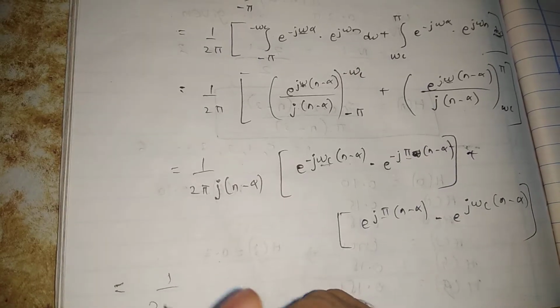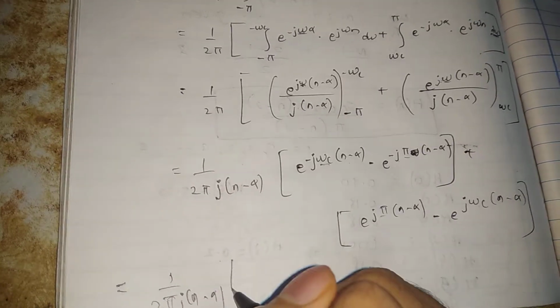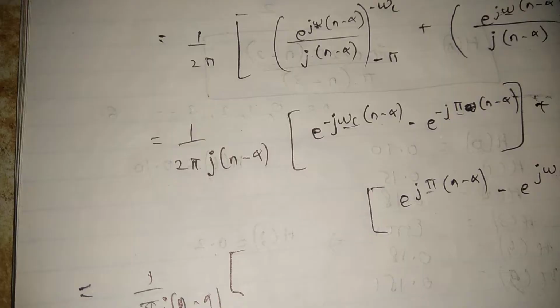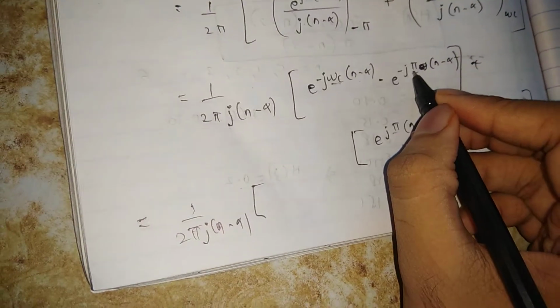So write here 1 upon j n minus alpha as it is, and in this bracket we will just rearrange the terms. Let's rearrange the pi terms first.